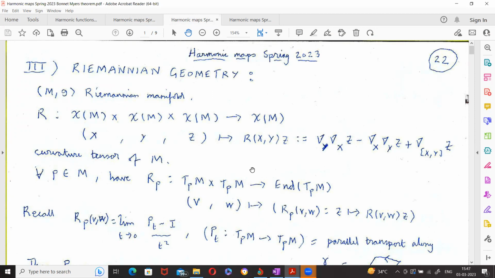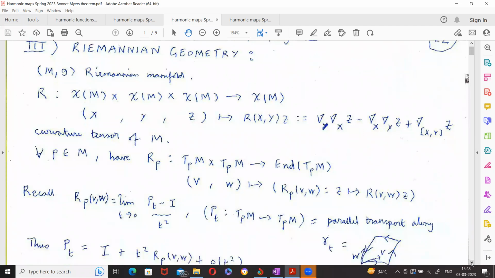The curvature tensor, as we said, is the curvature of the Levi-Civita connection on the tangent bundle. So pointwise, I can think of it as an endomorphism valued 2 form, from T_pM cross T_pM to endomorphisms of T_pM. V, W goes to R(V,W). This is a linear map. Z goes to R(V,W)Z.